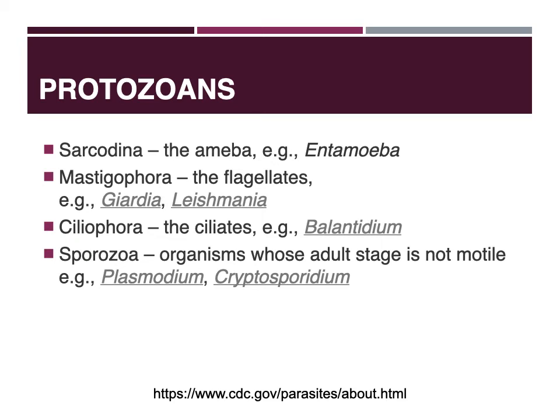And so for the Ciliophora, the presence of cilia does not always mean that they're motile. The Sporozoa are our last group, and this is the miscellaneous group. And so these are the ones that are not motile. So they don't have movement based on having a structure like pseudopodia, flagella, or cilia.